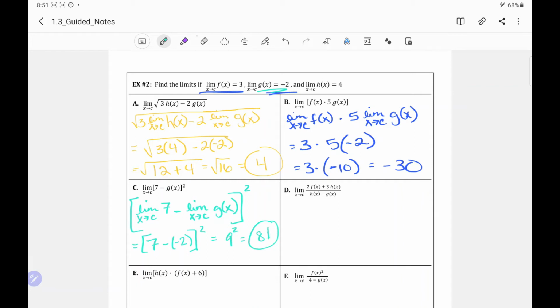D, the limit as x goes to c. We got a big one here. We got a whole lot of parts to write out. So we're going to bring out our coefficients. We're going to separate the addition, separate the subtraction.